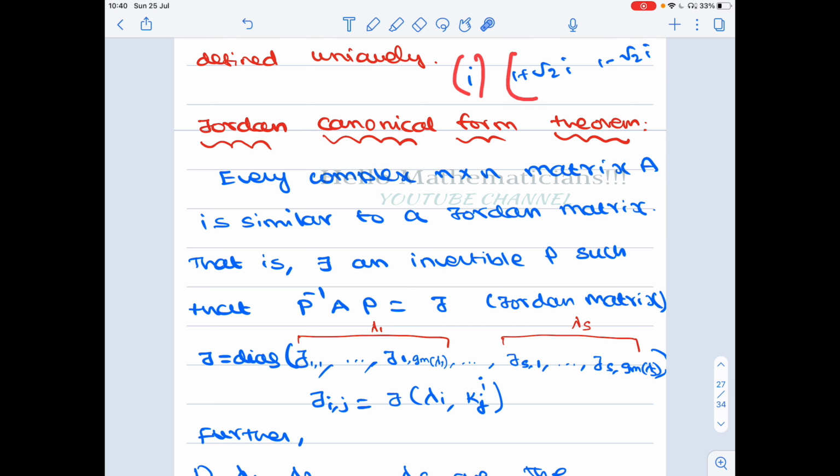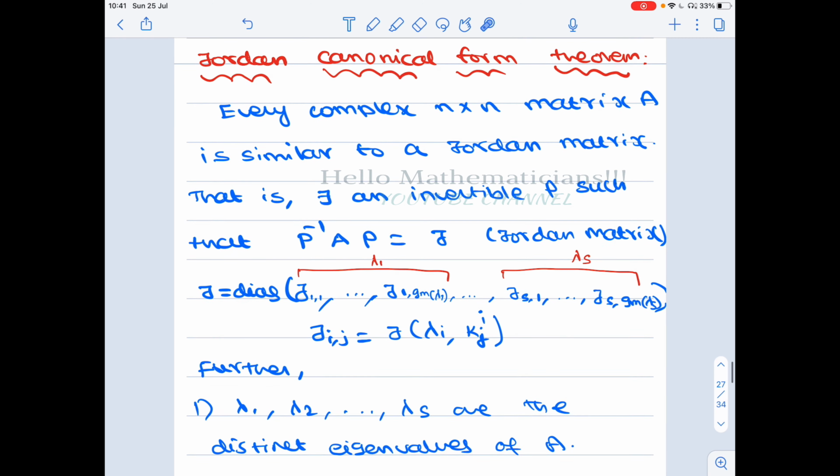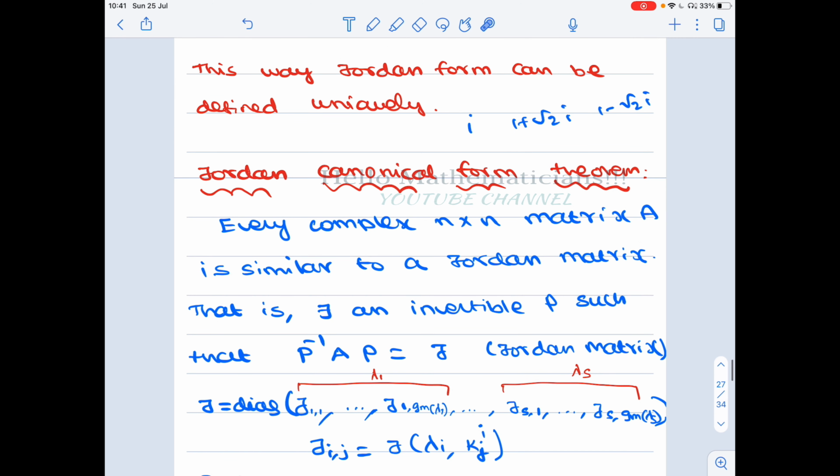Each eigenvalue can appear many times, that we don't know. But you assume that this is my first eigenvalue, this is my second eigenvalue, this is my third eigenvalue. You can take this order any way you like among the distinct eigenvalues. So I call this lambda 1, this lambda 2, this lambda 3.